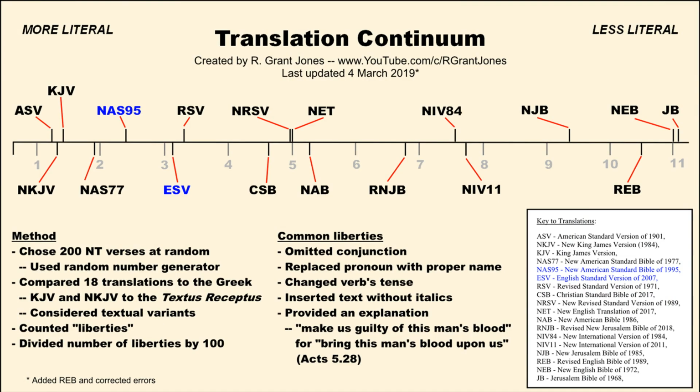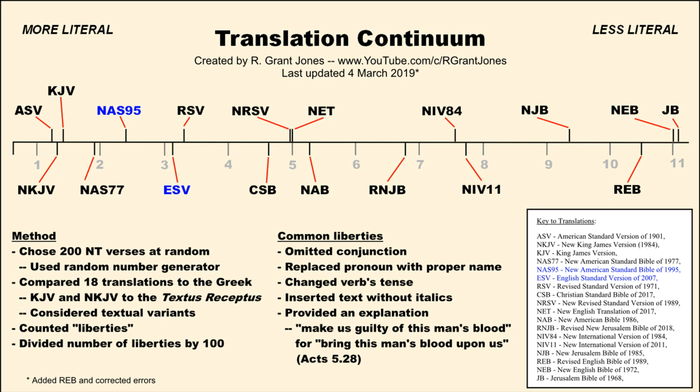Of course, it's easy to cherry-pick verses where one translation is more literal than the other. This chart was based on examining translations in 200 verses chosen at random and counting what I call liberties. Example liberties are listed on the chart. As you can see, over the 200 verses I examined, the 1995 NAS was somewhat more literal than the ESV.